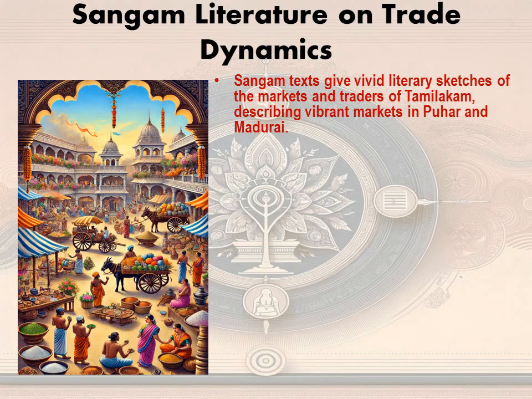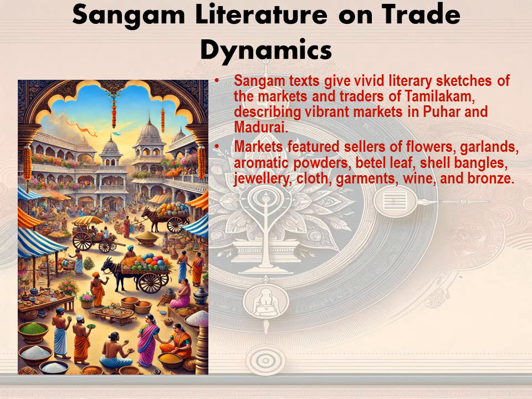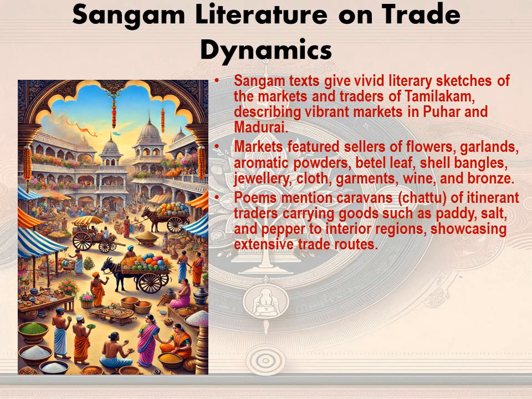So from the Sangam poems, we get a description of what kind of markets and traders prevailed in South India in the area of Tamilakam, and they also give detailed explanations of the markets in Puhar and Madurai. Markets featured sellers of flowers, garlands, aromatic powders, betel leaf, shell bangles, jewelry, cloth, garments, wine, and bronze. So, all these items were available in the markets.